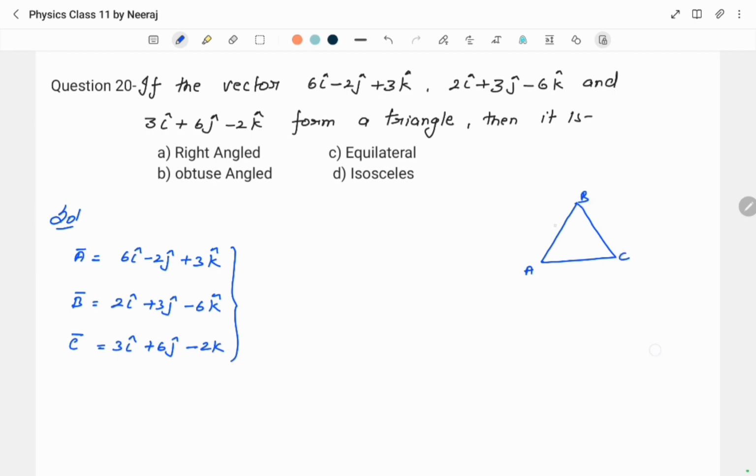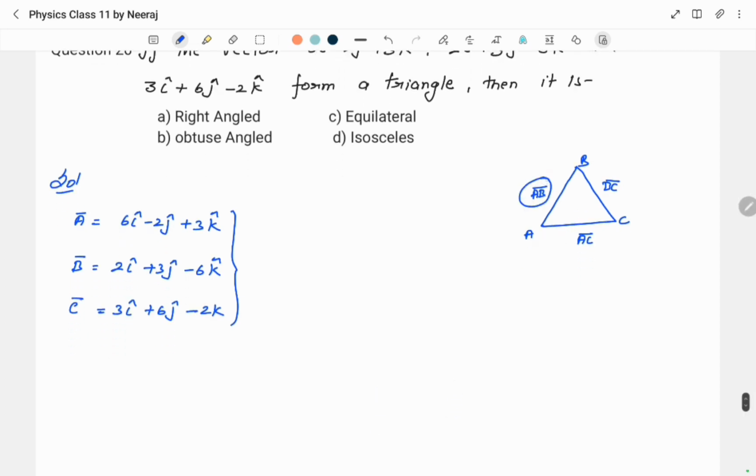To find the triangle, what do we need to find? We need to find vector AB, vector BC and vector AC. Then we can decide which type of triangle they are forming. So first our need is to calculate vector AB, vector BC and vector AC. Okay, how to calculate vector AB?